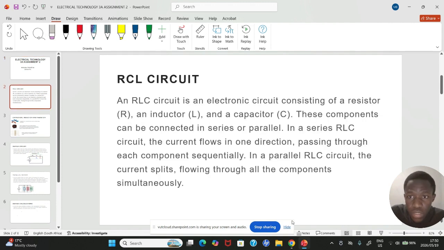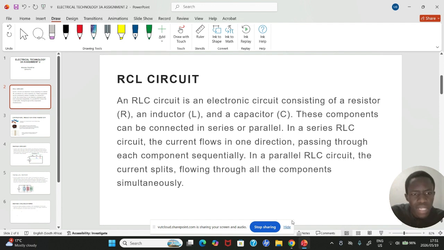It says RCL. So what do you understand about RCL? RCL is an electronic circuit consisting of a resistor, inductor, and capacitor. These components can be connected either in parallel or in series. In series, the current flows in one direction, passing through the components sequentially.